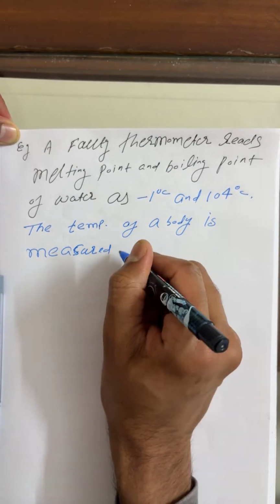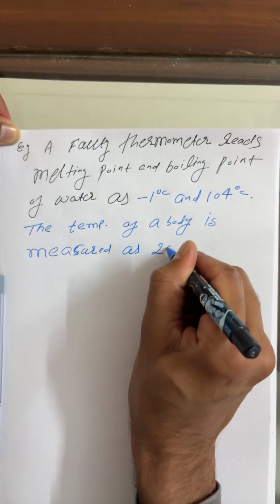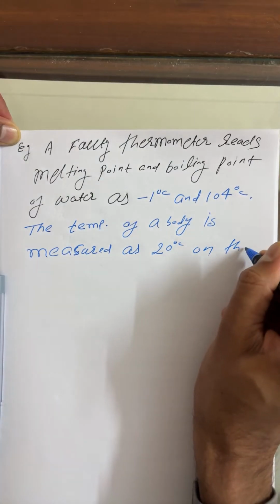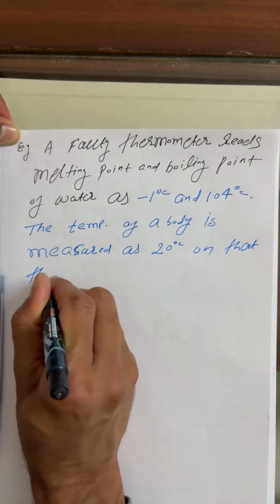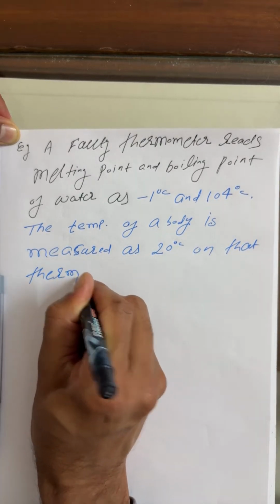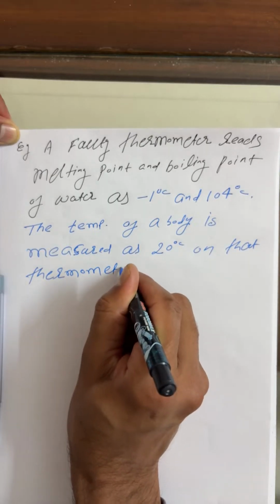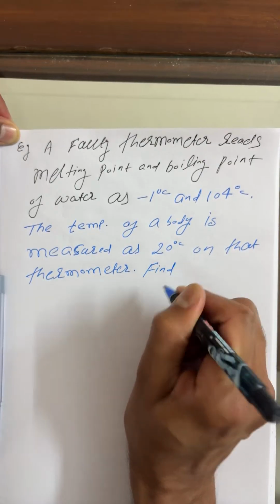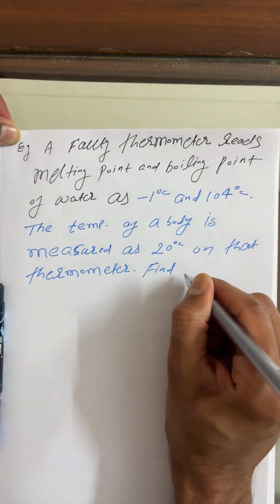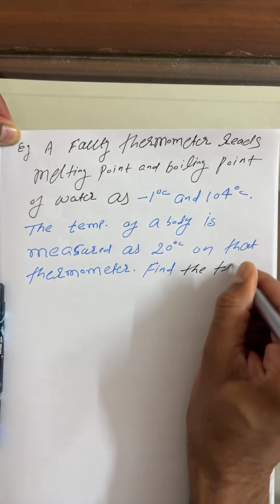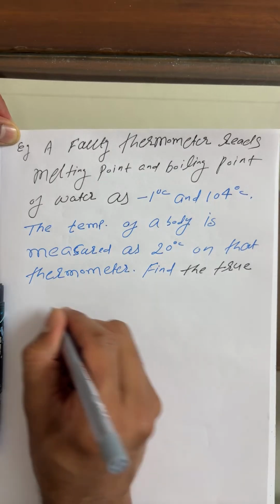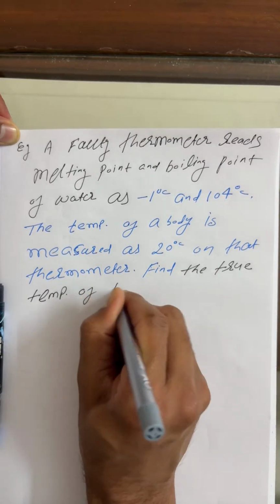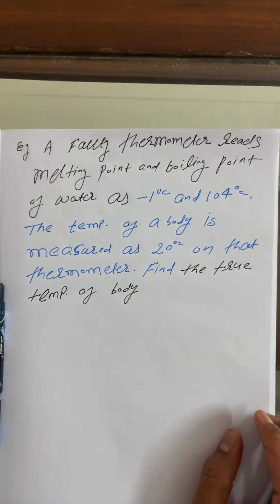The temperature of a body is measured as 20 degrees Celsius on that thermometer. Find the true temperature of the body. True temperature of the body. Yes, beta.